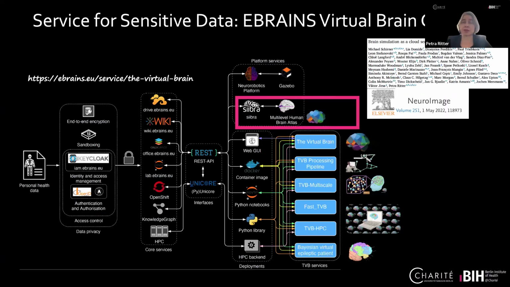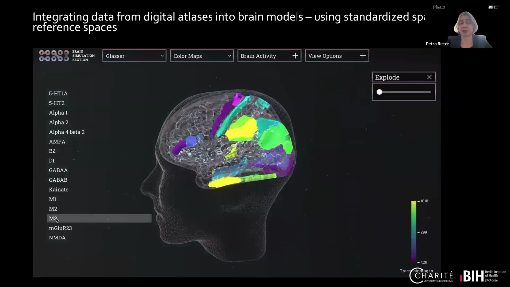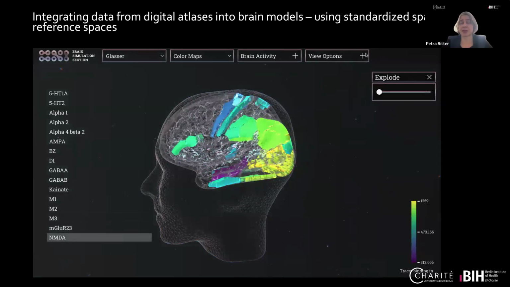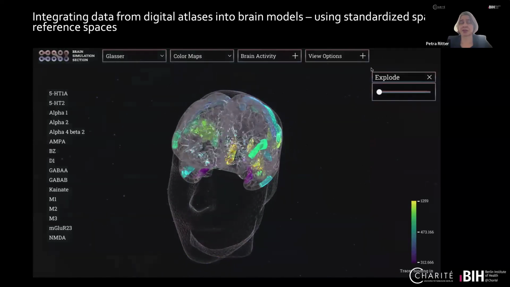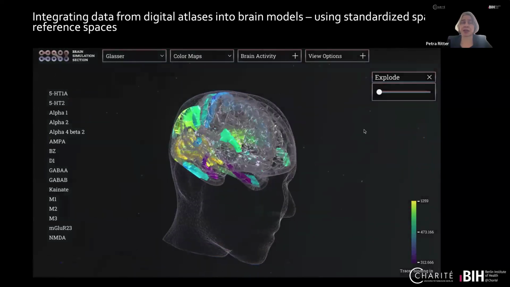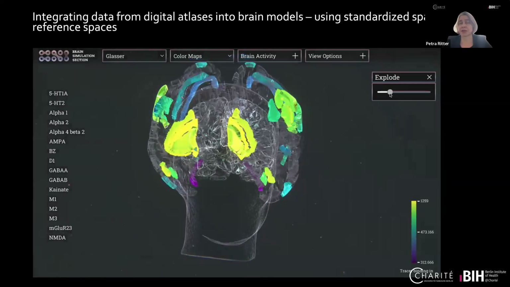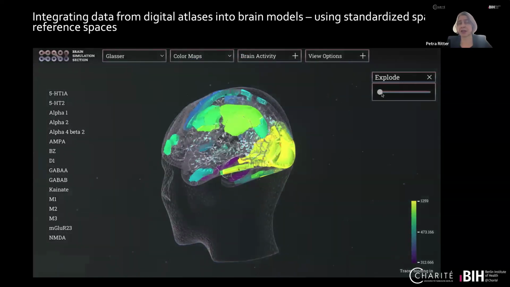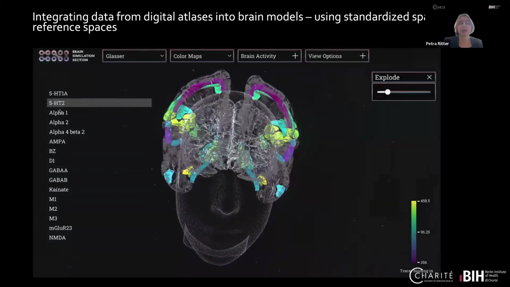Another example of how eBrains integrates different research software components is the integration with the digital brain atlas coming from the Forschungszentrum Research Center Jülich. They have created, based on microscopic analysis of postmortem human brains, atlases that contain different kinds of information.